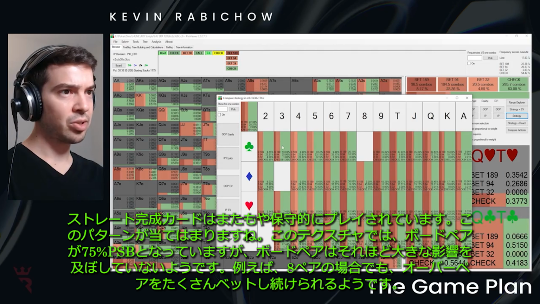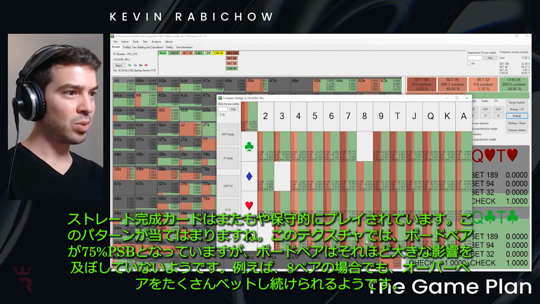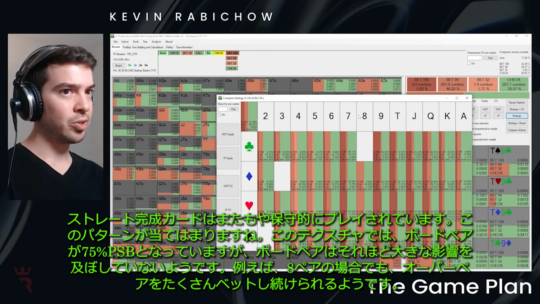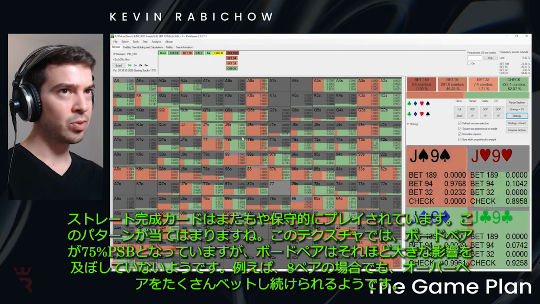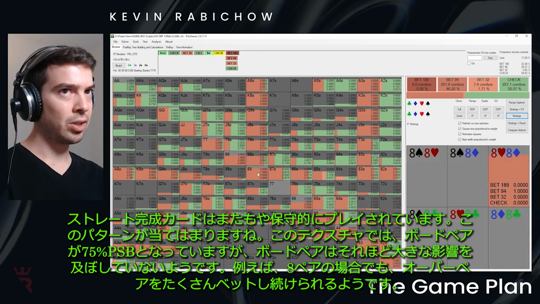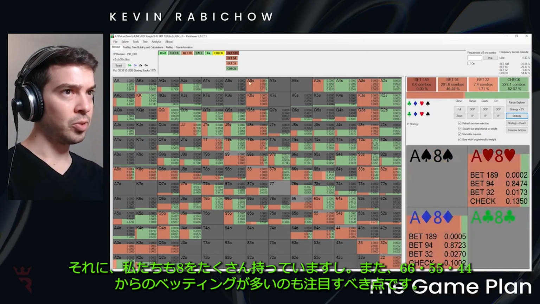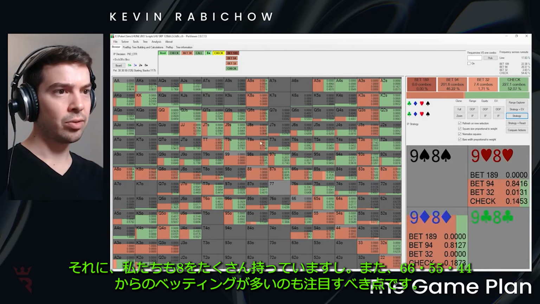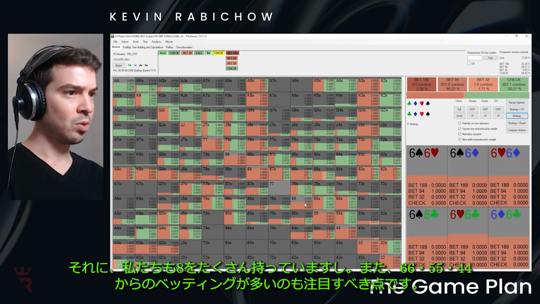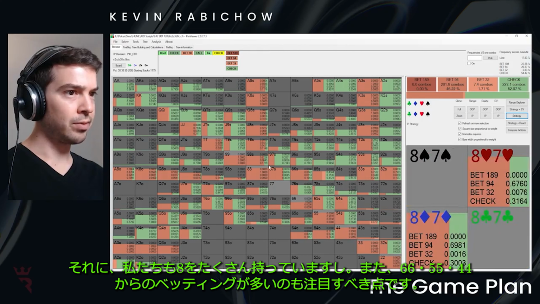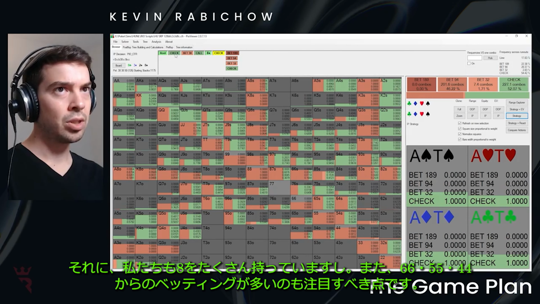The board pairs are getting like 75% pot on this texture. The board pairs not having quite as big of an impact. It seems like even when the 8 pairs, for example, we can still keep betting a lot of our over pairs. And we certainly have a lot of 8s ourselves. We're also seeing a lot of betting from 6s, 5s, 4s. That's noteworthy.